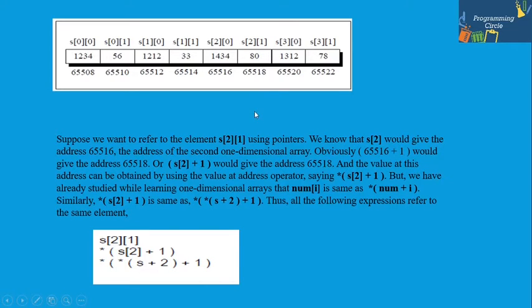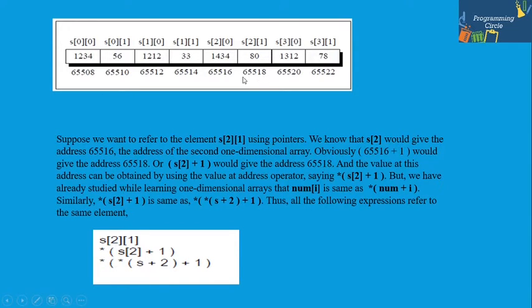What happens when you increment the address? It increments by one location. So 65516 is the second row, zeroth column, and if you add 1 to it, it will go to 80, which is 65518.